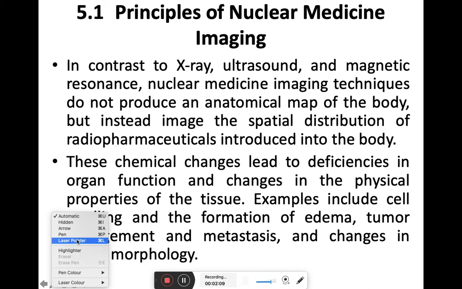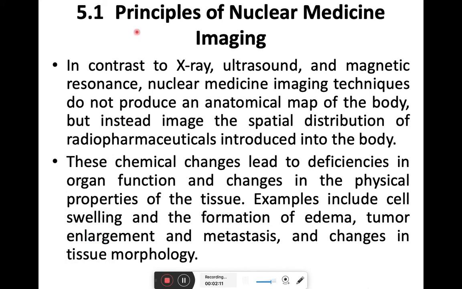So let's start with the first topic, which is principles of nuclear medicine imaging. So when we are talking about NMI, in short, nuclear medicine imaging, it actually has a specific attribute that makes it different from the previous imaging techniques that you have learned. For example, X-ray, ultrasound, and MRI.